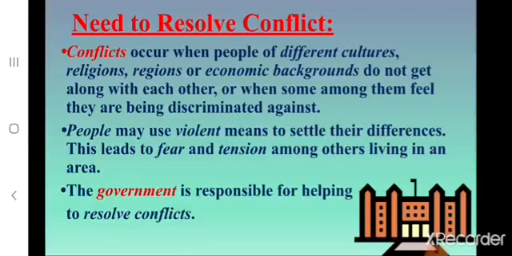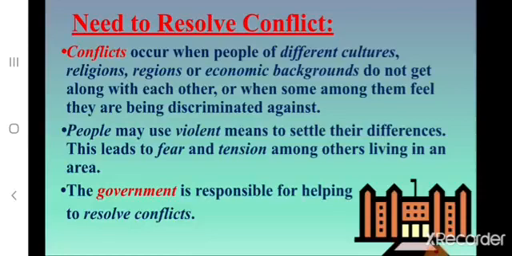So this means that conflicts occur when people of different cultures, religions, regions or economic backgrounds, that is rich or poor, do not get along with each other, or when some among them feel that they are being discriminated against.